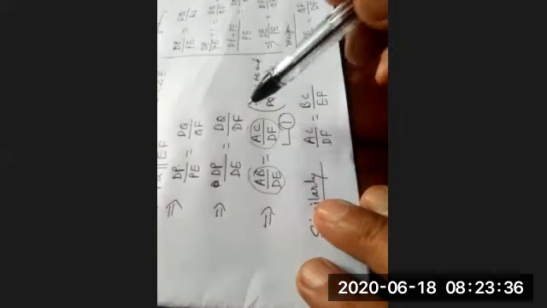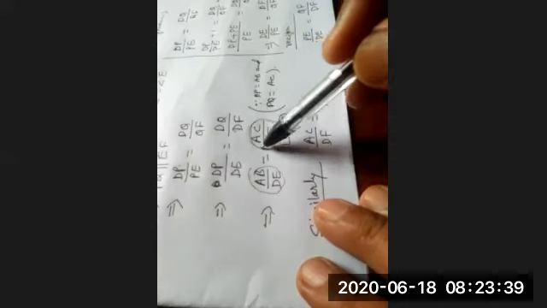You can also write AC by DF is equal to BC by EF. Now, where we have written AB by DE in the first equation, AB by DE and AC by DF. See here, AB by DE is equal to AC by DF.